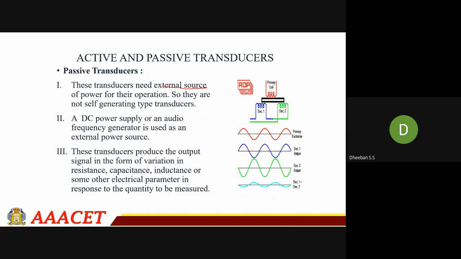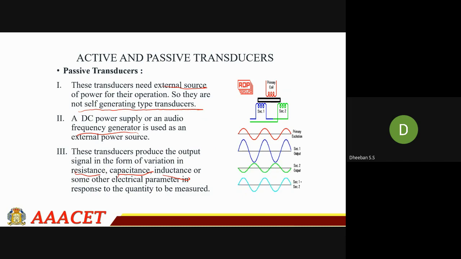They are called not self-generating transducers. Here, a DC power supply or an audio frequency generator is used as an external source. These transducers produce the output signal in the form of variation in your resistance, capacitance, or inductance.